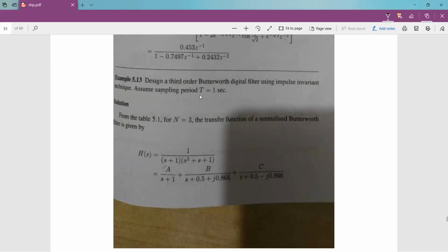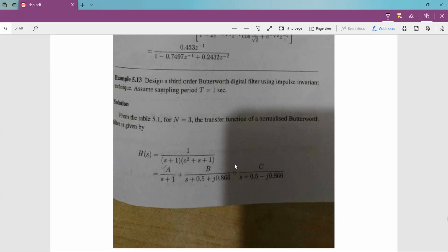In this question, design a third order Butterworth filter using the impulse invariant technique. Assume a periodic filter. A third order Butterworth filter is given to you from the specifications given in this. You have to use a normalized Butterworth filter. From the table, you may find the denominator polynomial. So Hs is a normalized Butterworth filter of the third order, 1 divided by the denominator polynomial.